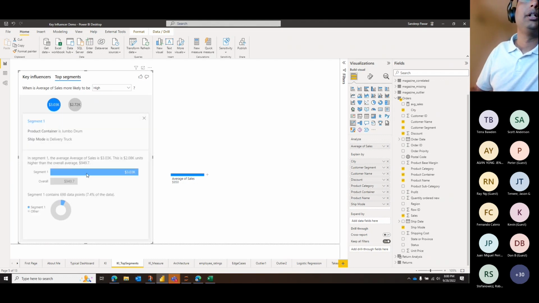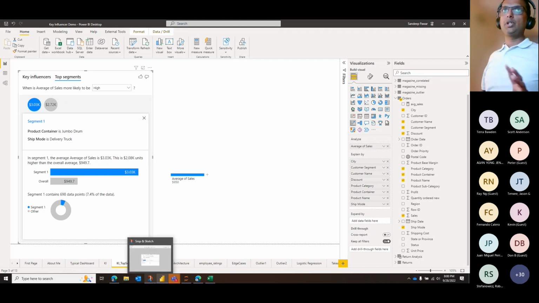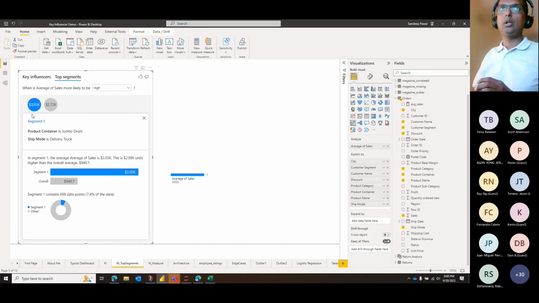Let me click on it. The product container is jumbo drum, and the shipping mode is delivery truck. Out of all the possible combinations shipped, there are 698 total orders that had overall average sales of $3,000.